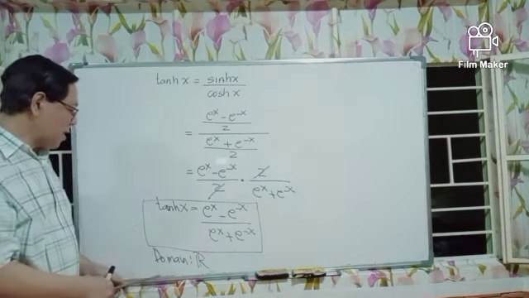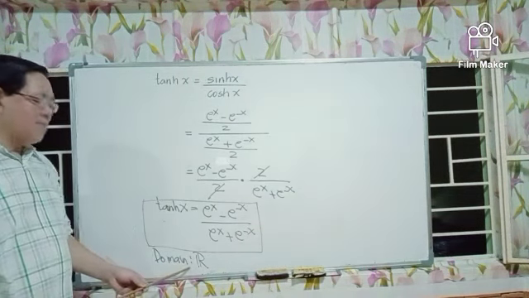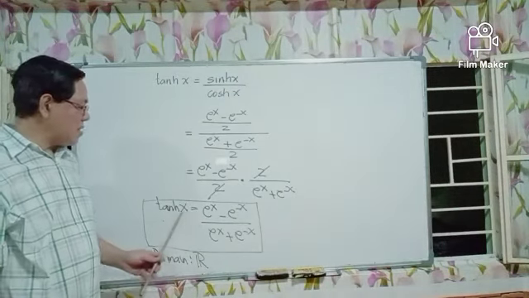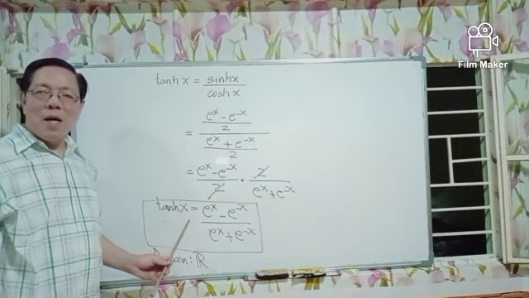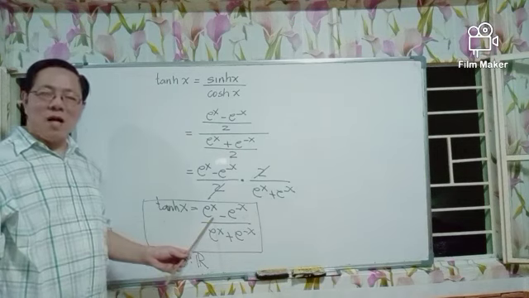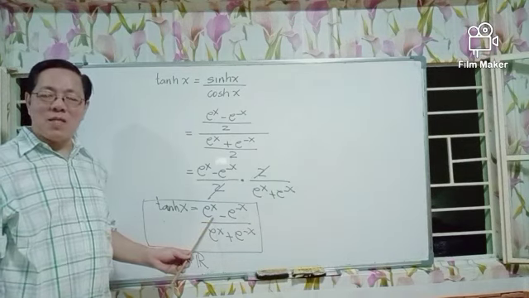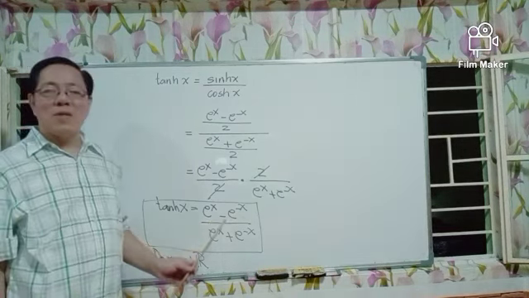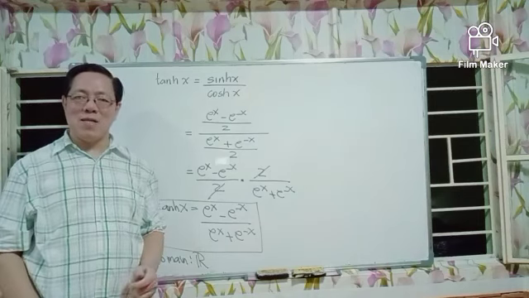And the domain, again, of the hyperbolic tangent of x is the set of real numbers. That means you can assign any real number to x and you can calculate the value of hyperbolic tangent of that real number. And we will sketch now the graph of the hyperbolic tangent of x in the xy plane or the Cartesian plane.